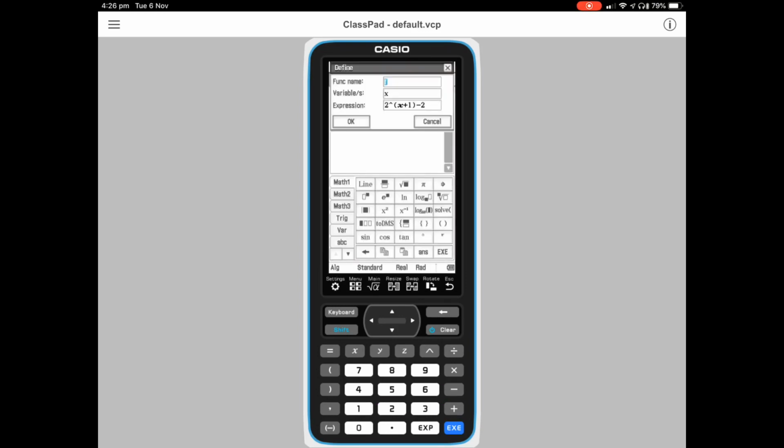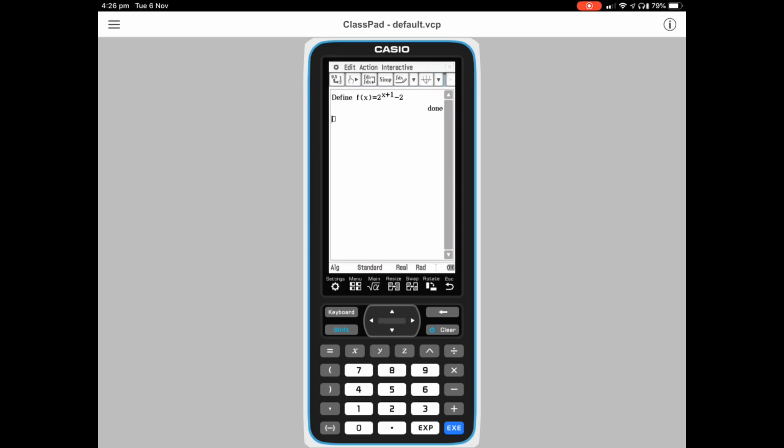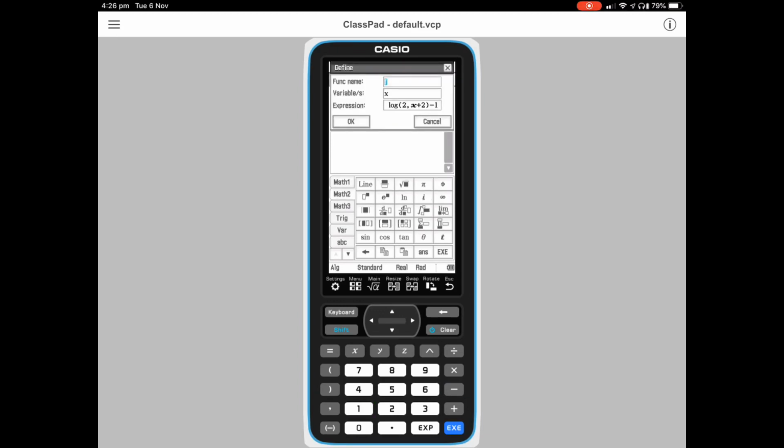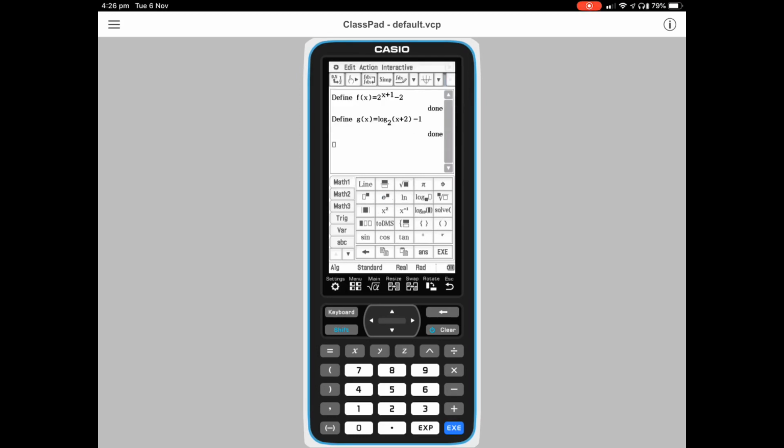That's my f of x. And then let's say our inverse function is log 2 of x plus 2, and then minus 1. That's g of x. Okay, we want to see where they intersect. So let them be equal. Get rid of that space. Solve for x. More solutions may exist.